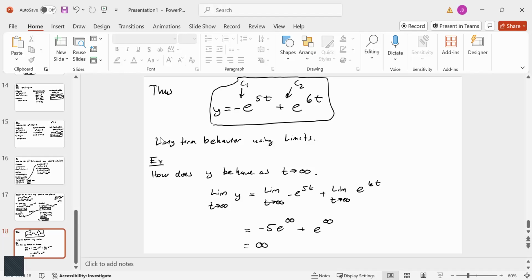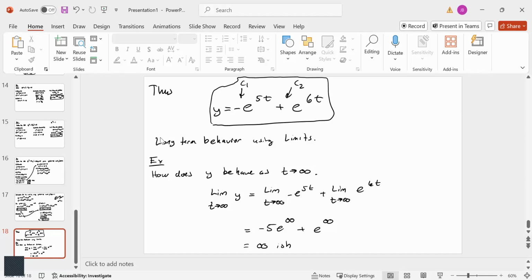Well, technically you wouldn't say it's infinity because of negative and positive, but we'll just say infinity-ish. So for us, in the long run, it's just going to behave towards infinity.